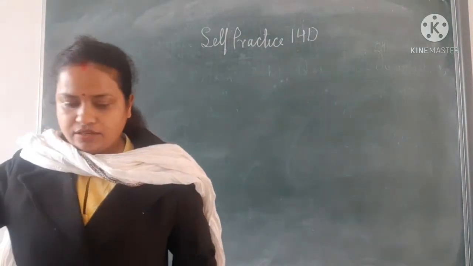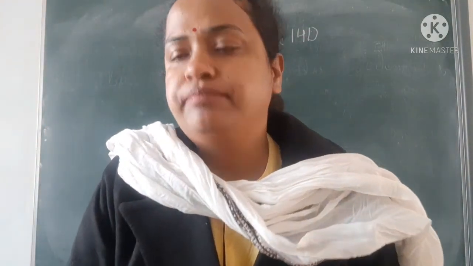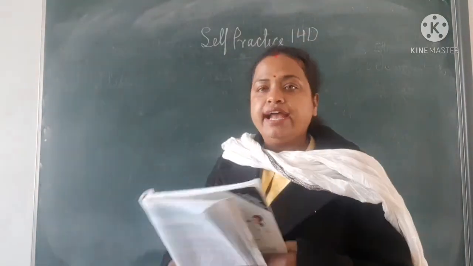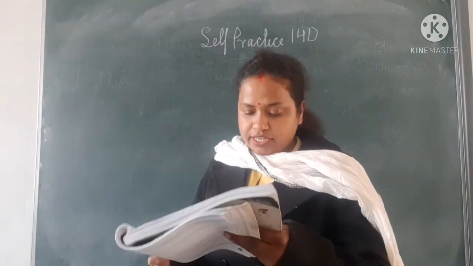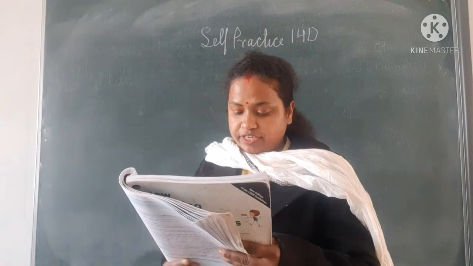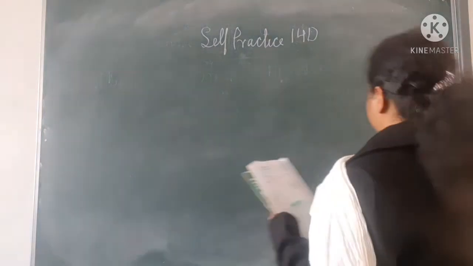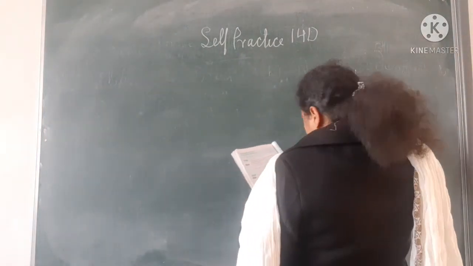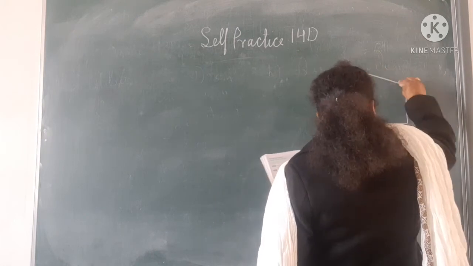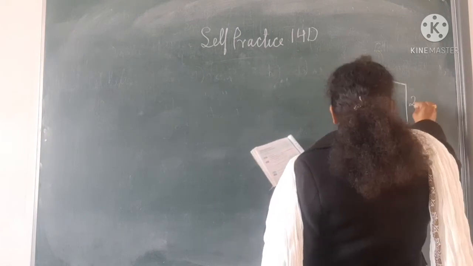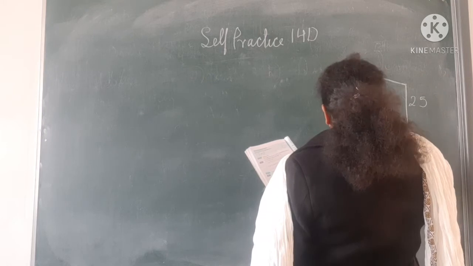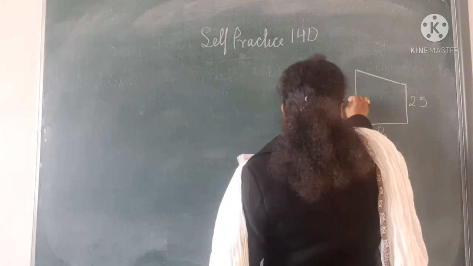Now let's see question number 3. Find the area of shaded portion in each of the following figures measured in centimeter. Now see here, this is your figure. This is given 25, 18 and 30.